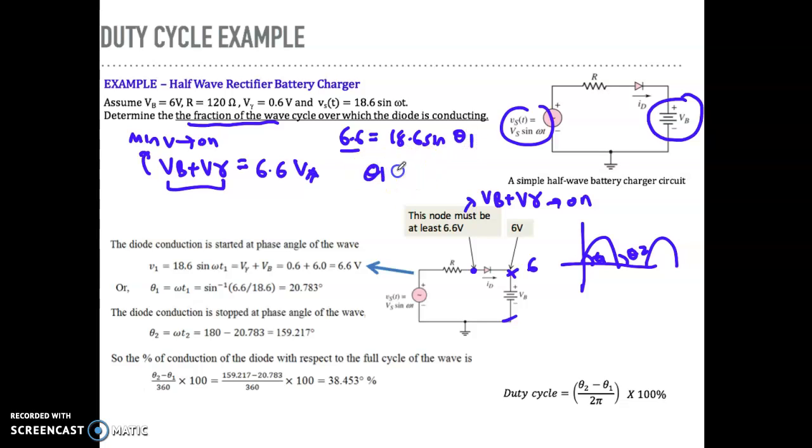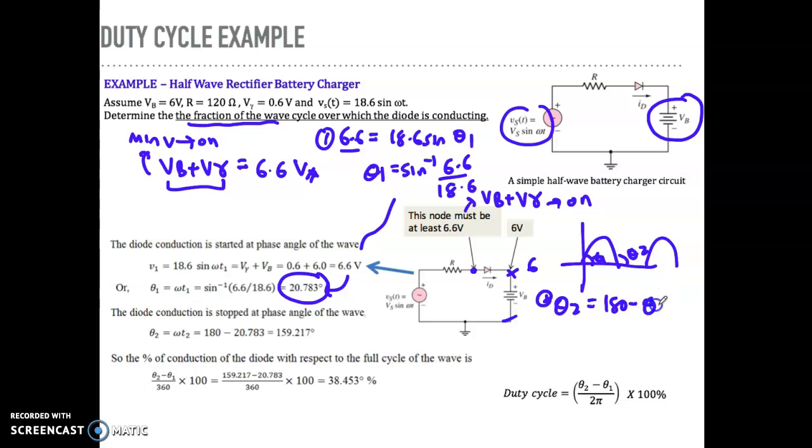So your theta 1 is actually sin inverse of 6.6 divided by 18.6. So this is what you can get here, 20.73. Once you got theta 1, you can find your theta 2. Theta 2 is actually 180 minus theta 1. So this is what we got here.